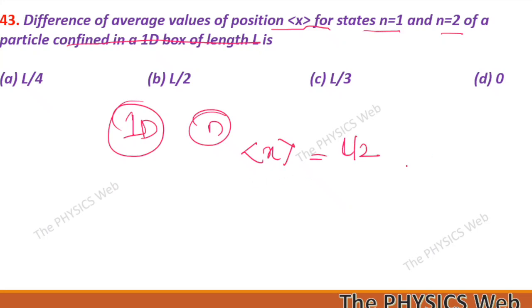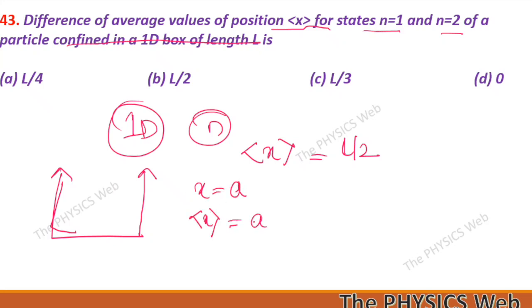So the difference will be 0, because we have already defined if a particle is moving under a potential and this potential is symmetric about x equals a, then the average of position will be a. You can see in the 1D box, this potential is symmetric about x equals L by 2. So the average of position will be L by 2 for all states. For n equals 1, it is L by 2. For n equals 2 also, it is L by 2. So the difference will be 0. So D is your correct answer.